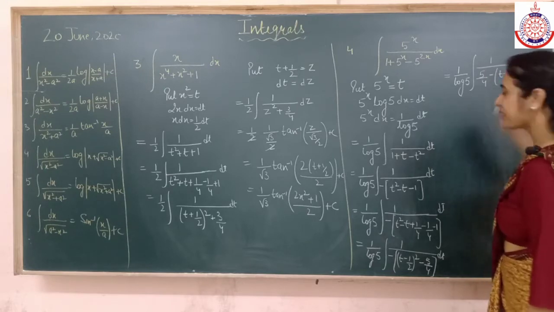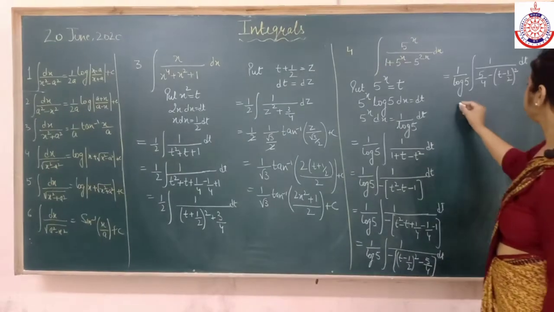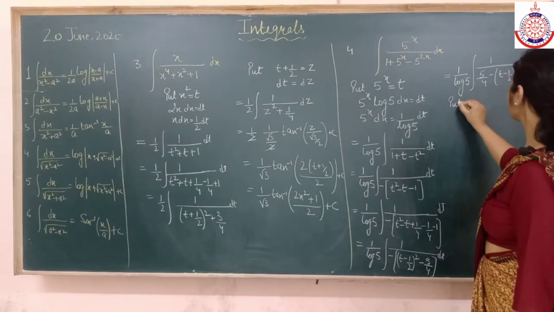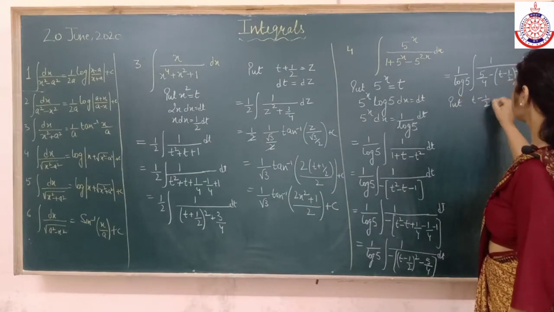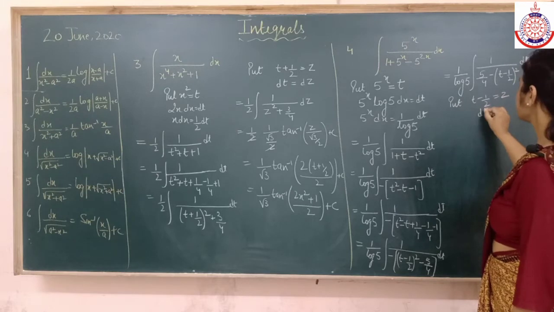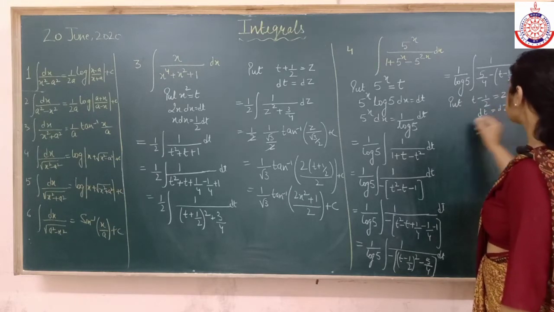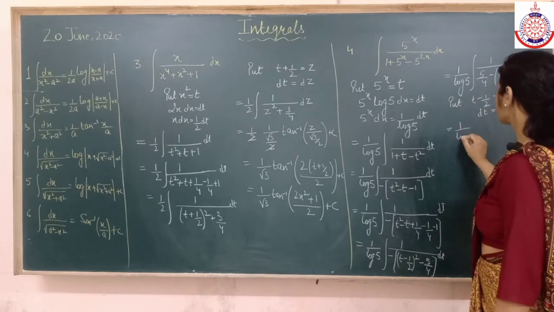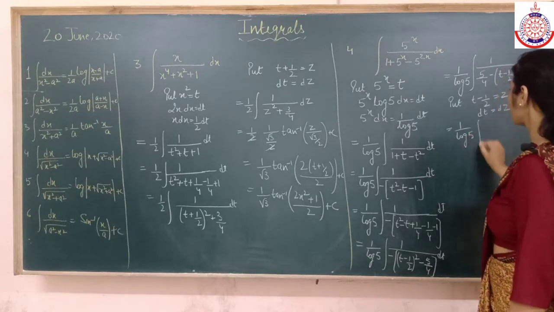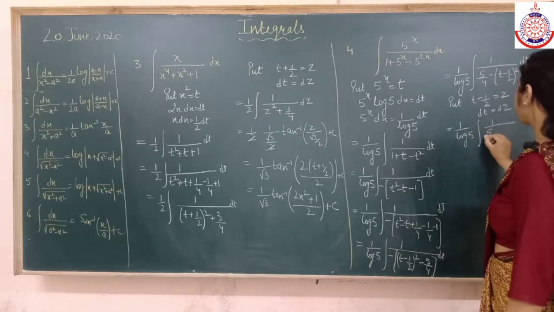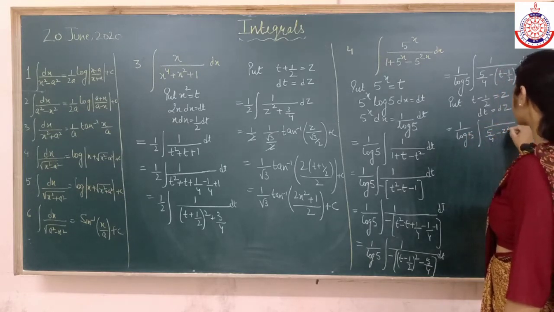You know the steps by now. What do we do? Put z, dt is equal to dz. So the question becomes 1 upon 5 by 4 minus z square.